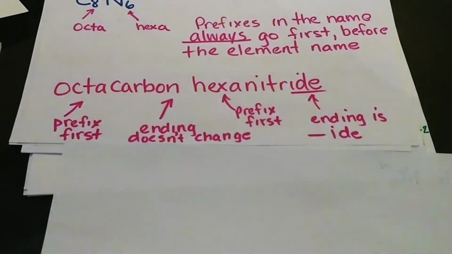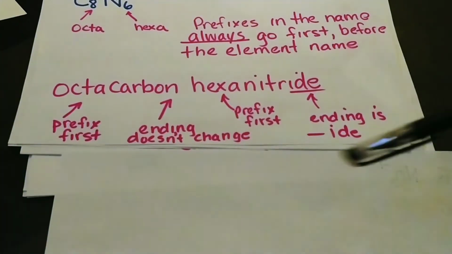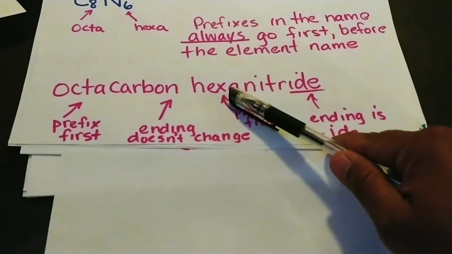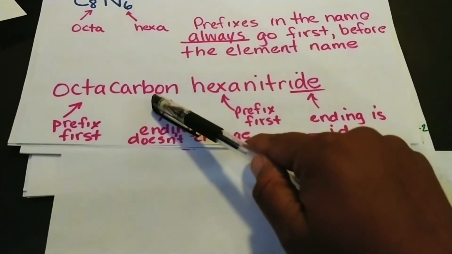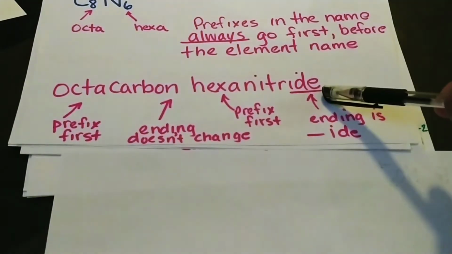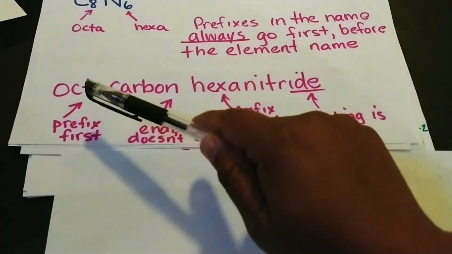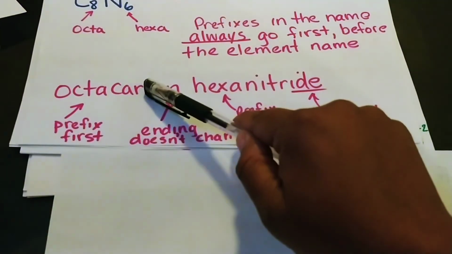You don't have to worry like in ionic compounds, where you had ate, ite, and ide, three versions of it. Here, it's always going to be ide. Ending is ide. So the prefix goes first, like I said. The ending doesn't change for the first word, just for the second. And again, the prefix goes first in the first word.